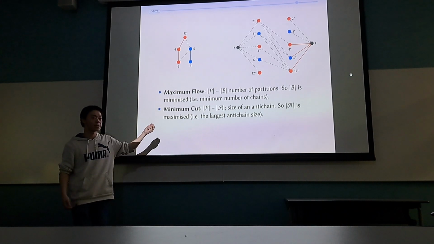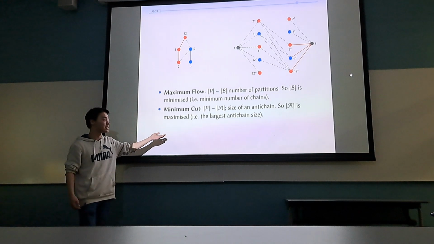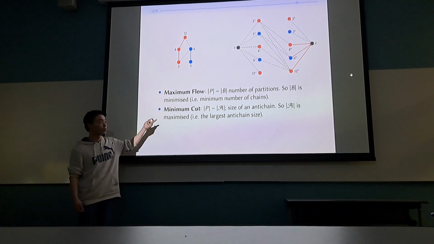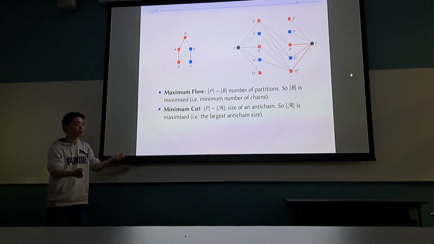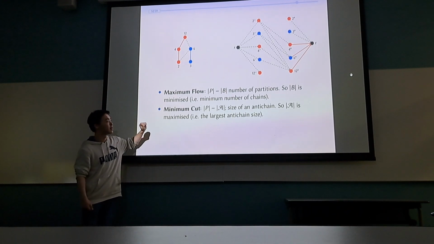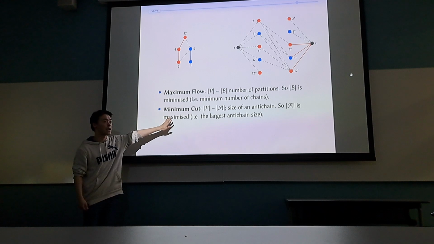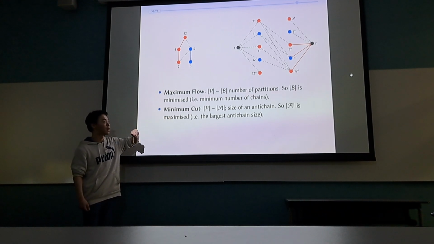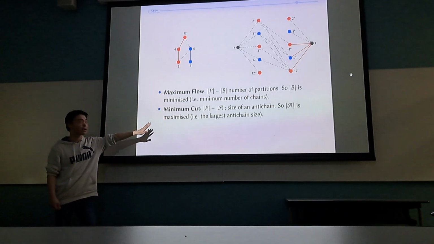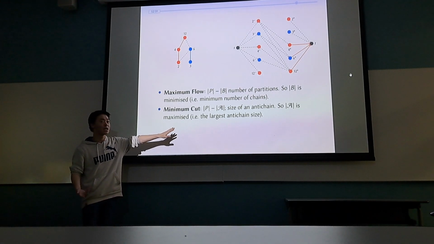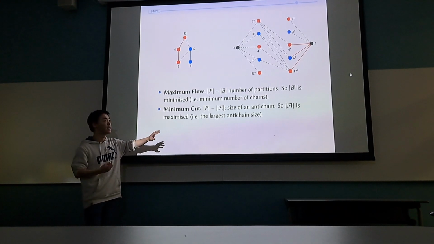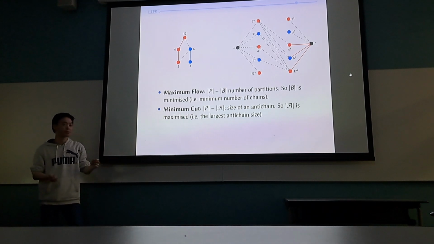And as a result, the size of my anti-chain has to be maximized because the minimum cut will be as minimal as possible. And so if you put them together, that means the minimum number of chains that partition my partially ordered set corresponds to the size of the largest anti-chain in my partially ordered set.